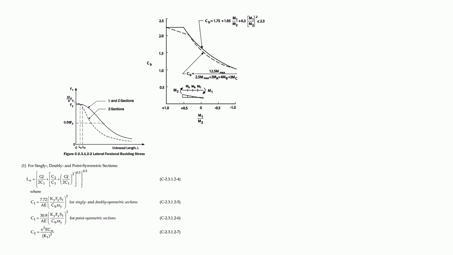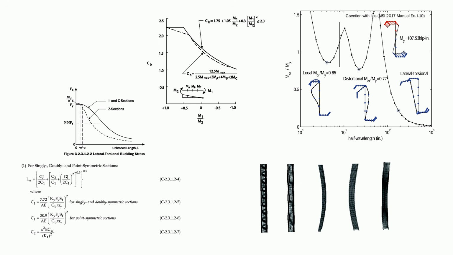Appendix 2 is where AISI places the elastic buckling analysis framework. The standard says there is no preferred method for determining these elastic buckling values. You can use analytical solutions or numerical solutions as long as the mechanics of the relevant buckling modes are actually captured.